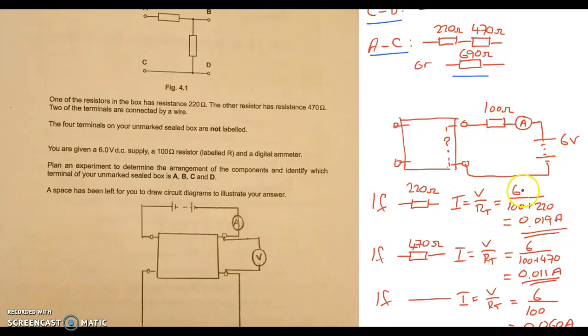Okay, in this case it's going to be 6 volts divided by our 100 ohm resistor plus our 220. Okay, so 6 over 320 gets us 0.019 amps. Okay, so if we see 0.019 amps on our ammeter, we know we have the 220 ohm resistor between those two terminals.